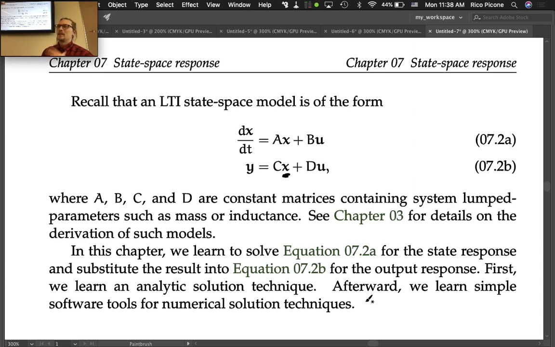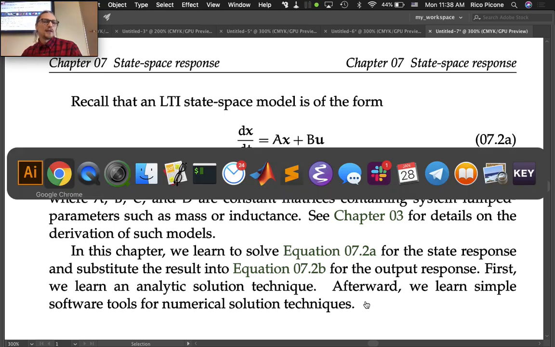The example I do in that lecture is a sort of hybrid of the analytic technique, and then I show a numerical solution as well. So we'll explore that, and that's pretty much Chapter 7. Any questions on the broad goal of Chapter 7 here? Cool. All right, let's do it then.